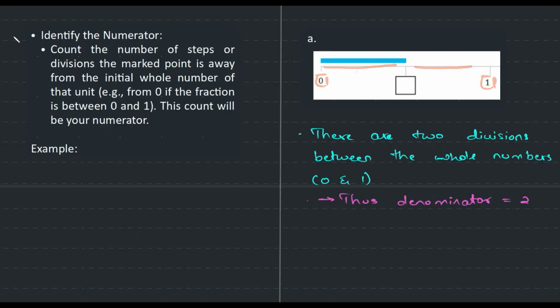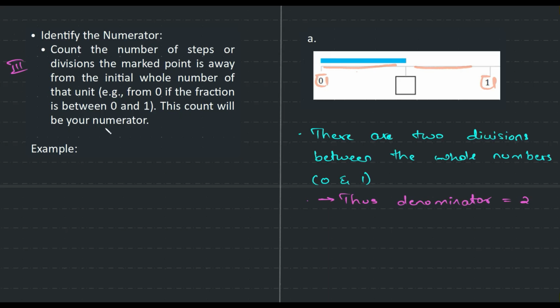Next is numerator. So third step is numerator. How do you figure it out? Count the number of steps or divisions that the marked point is away from the initial whole number of the unit. Example, from 0, if the fraction is between 0 and 1.